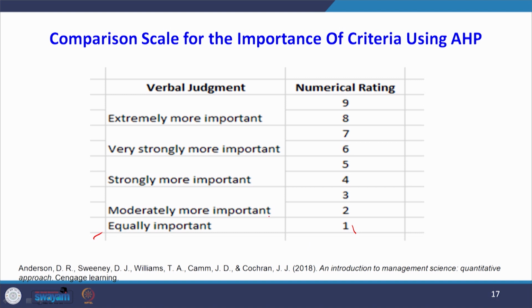Moderately more important, we can give 2 or 3. Strongly more important, we can give 4 or 5. Very strongly more important, 6 and 7. Extremely more important, 8 and 9. Remember, there is no 0 here.